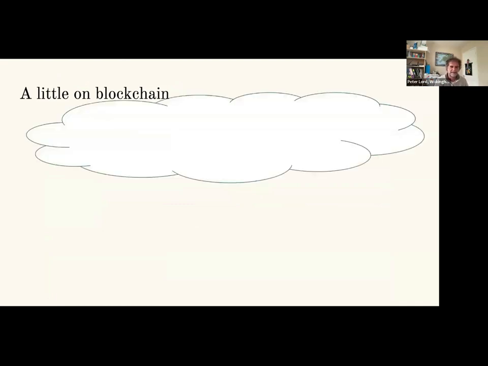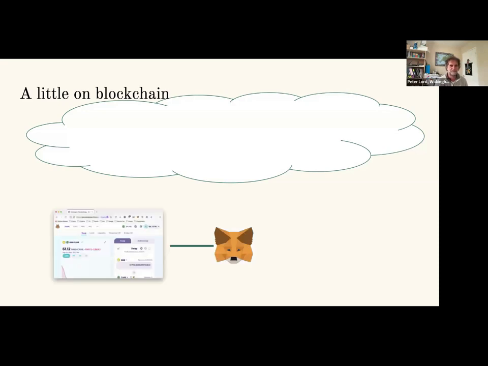So blockchain is largely a very big distributed database, or decentralized, they tend to use the term. And the way you get access to a blockchain is always via a wallet. A wallet is something that you use on your desktop or your phone, and that grants you access to the blockchain.